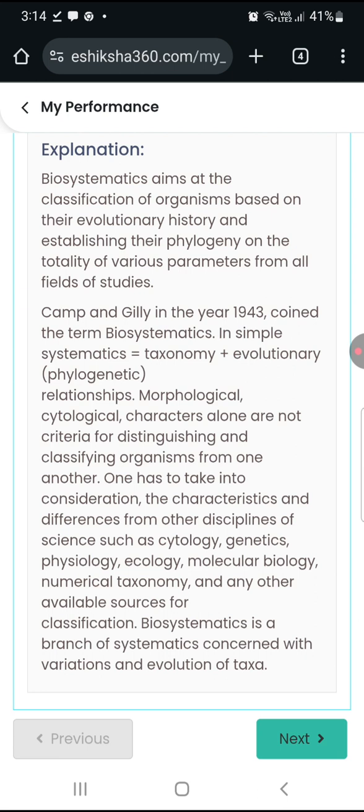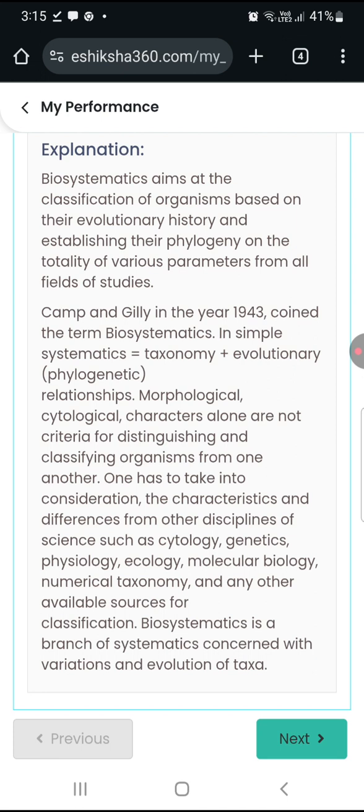phylogenetic relationships. Morphological and cytological characters alone are not criteria for distinguishing and classifying organisms from one another.